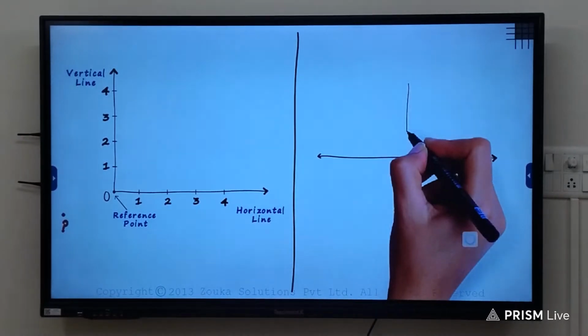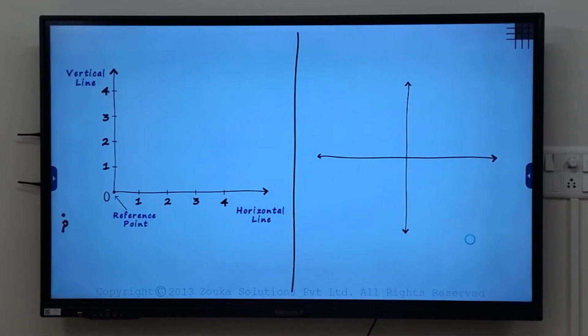The vertical line is drawn like this, again with arrows at both its ends. We extended the horizontal line to the left and the vertical line downwards. Now no matter where you place the point on the plane, you will be able to give it a unique identity. We cannot keep calling these lines horizontal and vertical every time, so we name them.